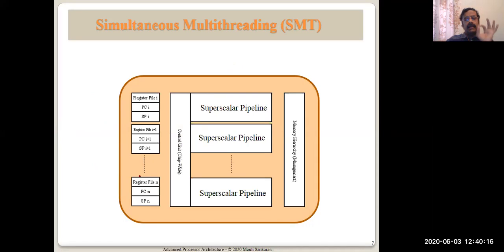Let me explain again. This is what I want you to carry in your mind. We are thinking about multi-threading because we are not able to keep the functional units busy with a single thread or process running. Thread and process are almost synonyms here. I am not able to keep the functional units busy because I have only one stream of instructions, and they have dependencies.